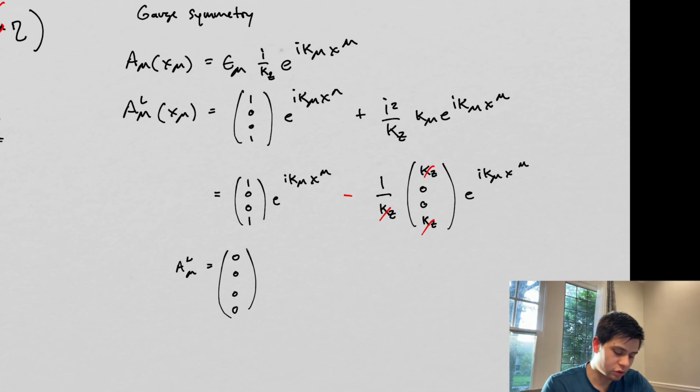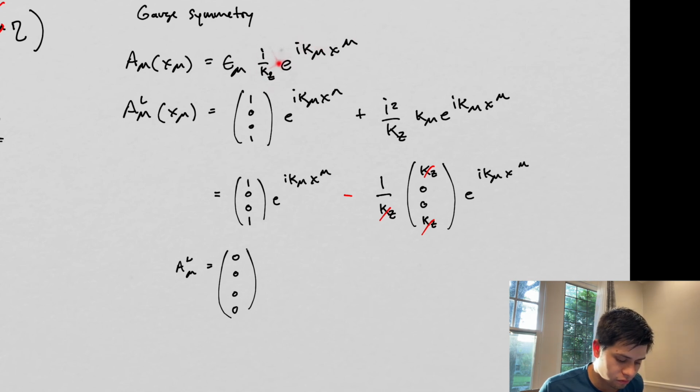Again, the longitudinal component goes to 0 when we stipulate that this is a solution to our Klein-Gordon equation. So we have this oscillatory behavior, right?